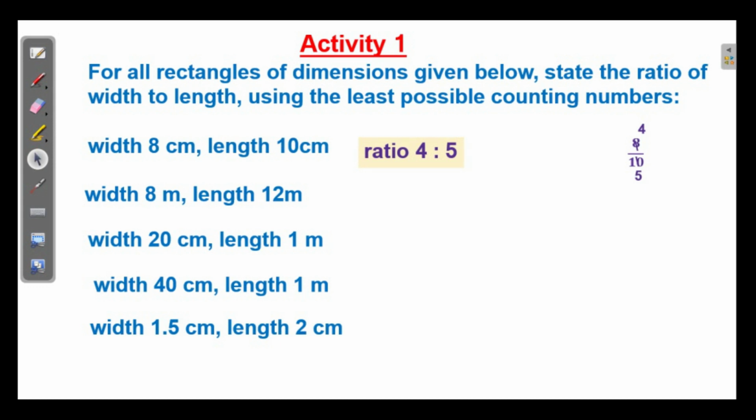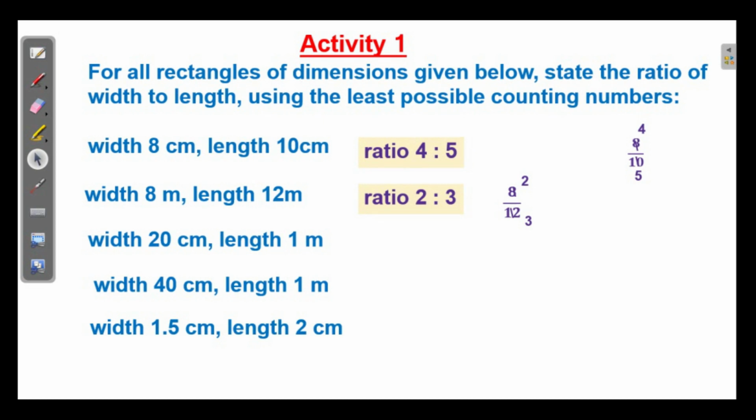That is, if we divide both the numbers by 2, 2 is the common factor, 4:5 is the ratio. And here 8 meter and 12 meter, the ratio is, 4 is the common factor. So 2 4s are 8, 3 4s are 12. So the ratio is 2:3.